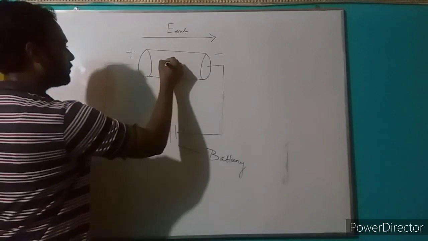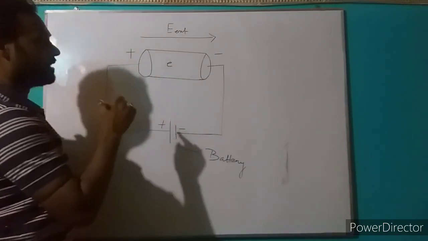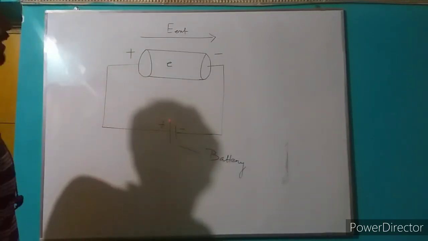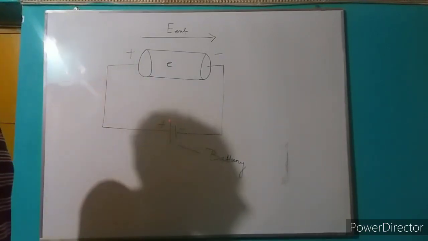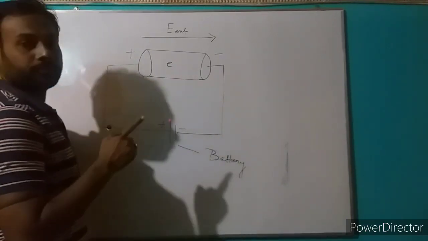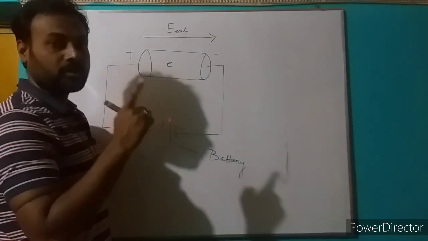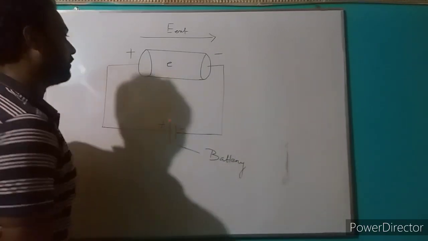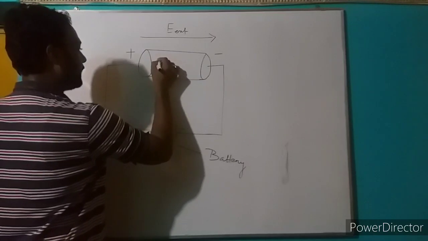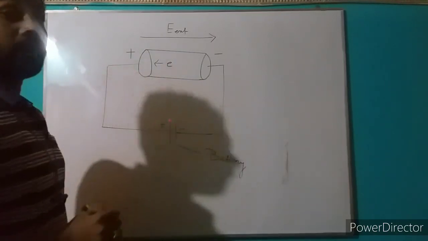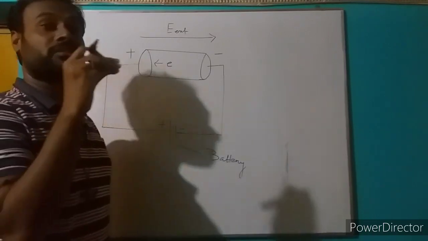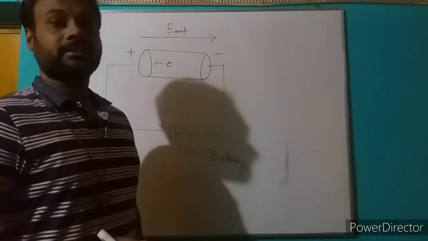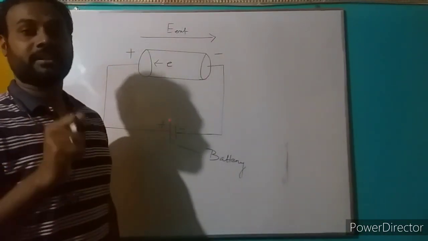The free electrons inside the conductor, due to the external field, move opposite to that of the electric field. Why? Because there is a force exerted on that charged particle. That force is known as electrostatic force.